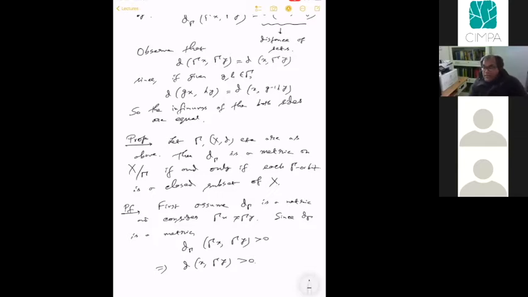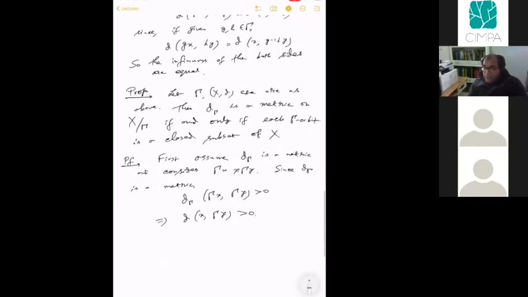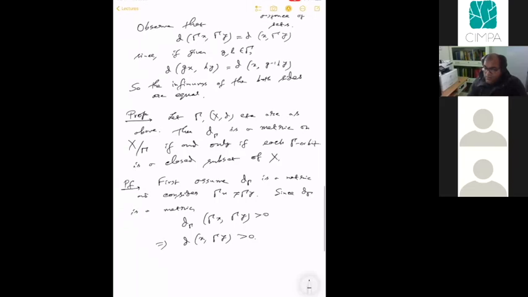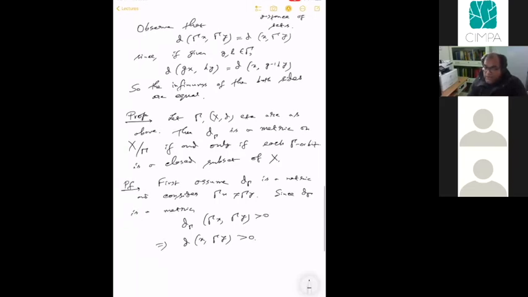Now let d(x, gamma y) equal epsilon. Then B(x, epsilon) is contained in X minus gamma y.